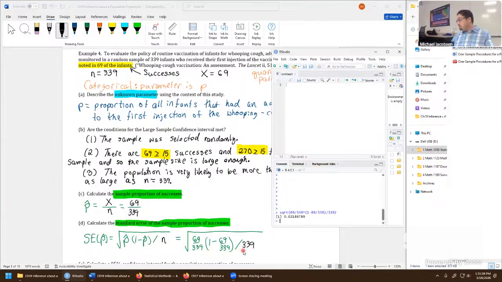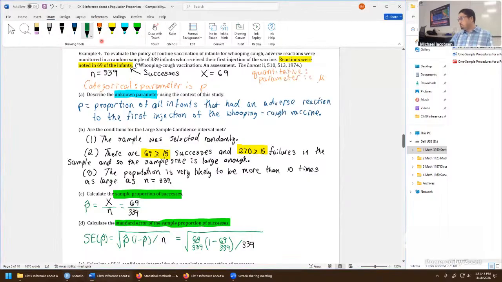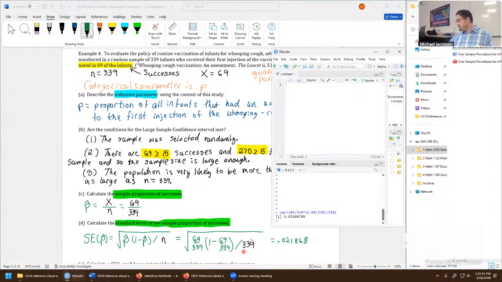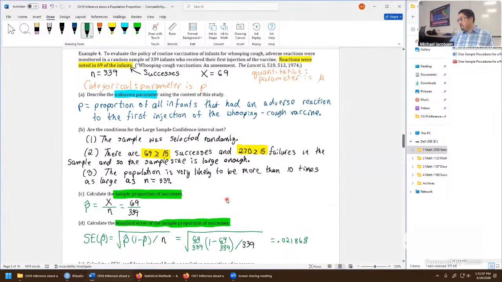And that's our standard error. 0.021868 is what I'll round it to. Let me double check those numbers. 0.021868. Okay, I think we've got it. So now we have the standard error.